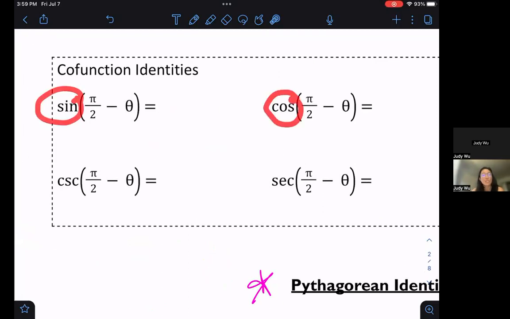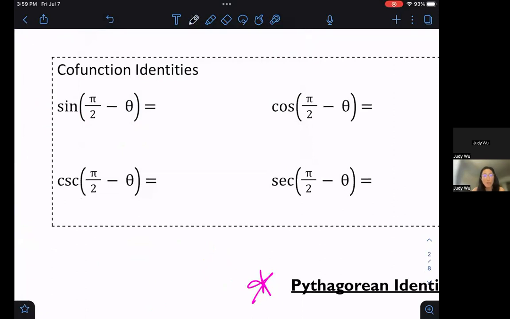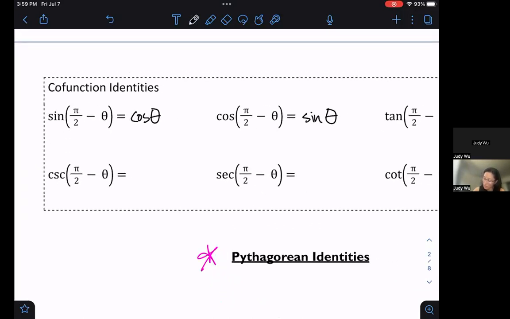Literally, I just put the co in front of it. That means that sine of pi over 2 minus theta is actually the same thing as cosine theta, and cosine of pi over 2 minus theta is actually equal to sine theta.